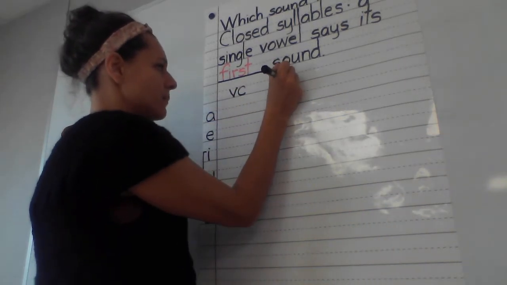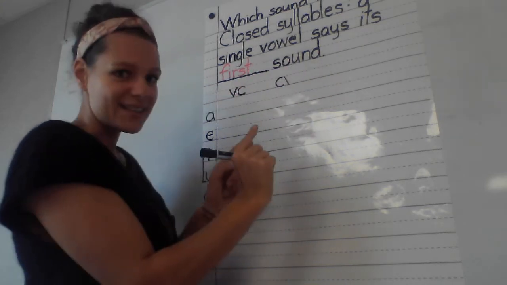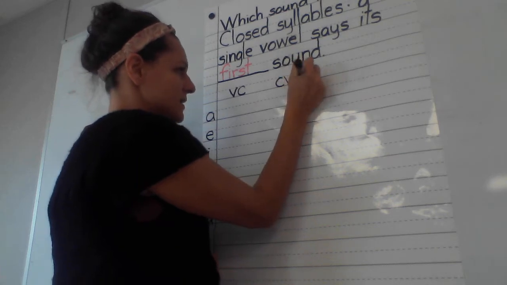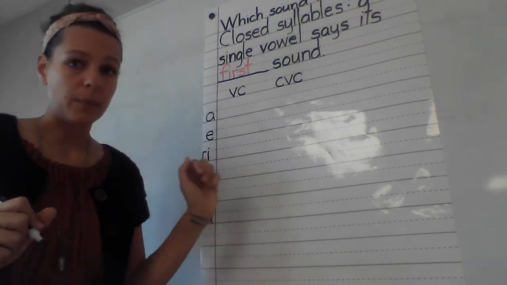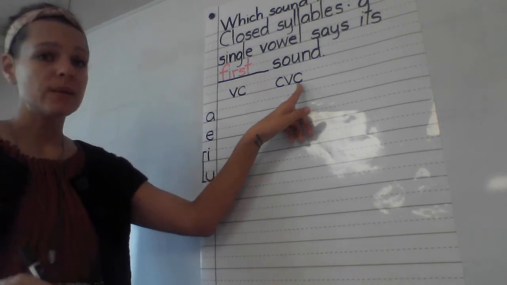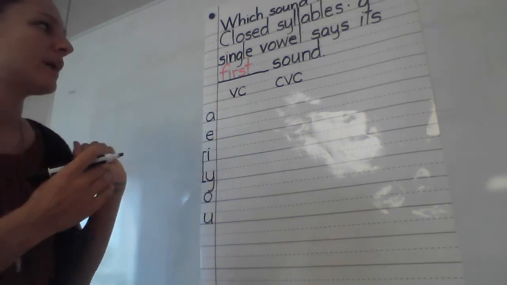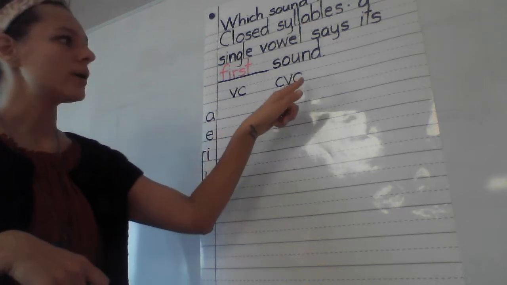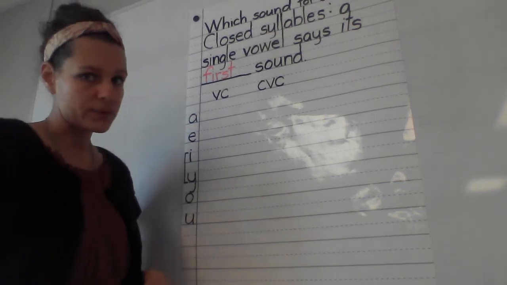And then here I'm going to put vowel, consonant, consonant, vowel, consonant. The V's and C's stand for vowel and consonant, because that's another kind of closed syllable, where there's a consonant and a vowel, but then it ends with a consonant which comes in and makes that syllable closed, right? And then we could also have things like two consonants in the front or two vowels at the end. Those are all different kinds of closed syllables.